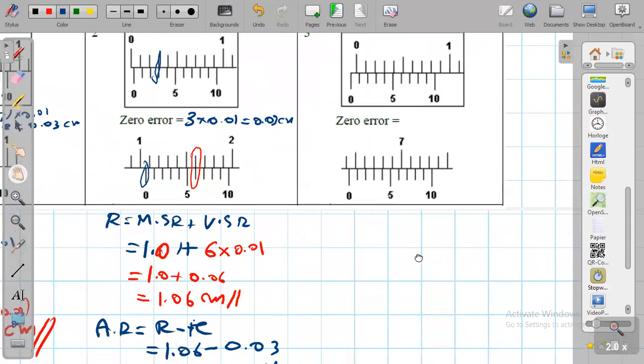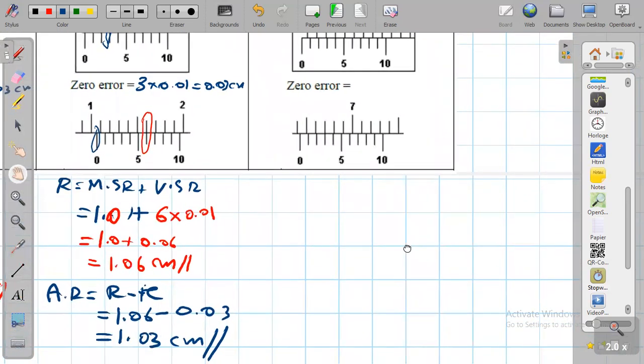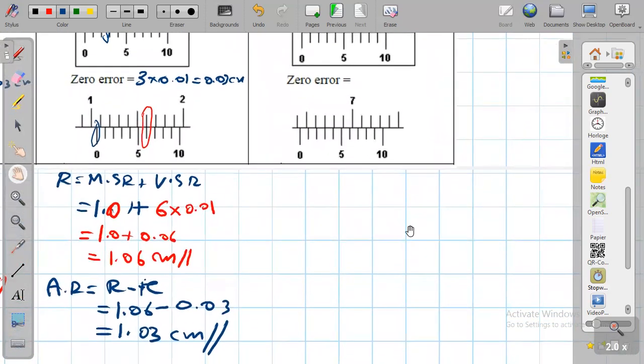And the very last one, I will give you like 10 seconds to copy this down.